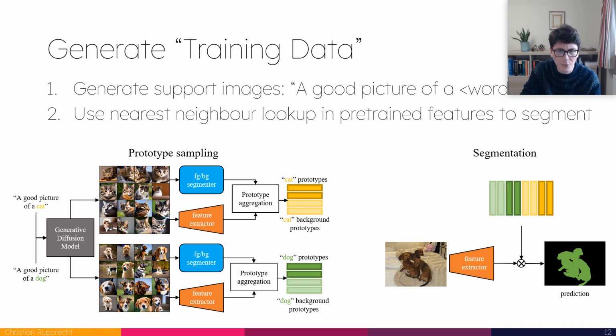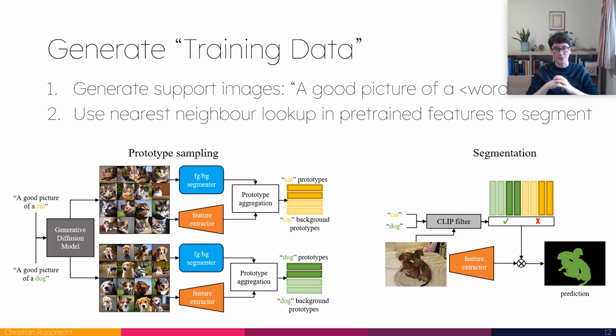We can slightly improve on that, because when you're scaling the number of classes very, very high, there can be false positives. So you can use CLIP to pre-filter the set of classes that could potentially be in the image. And then you only consider the prototypes of the classes that you think might be in the image.